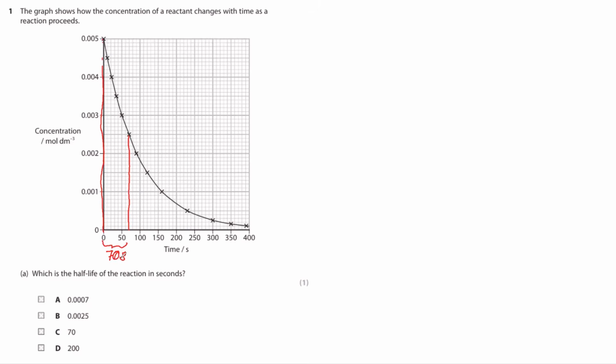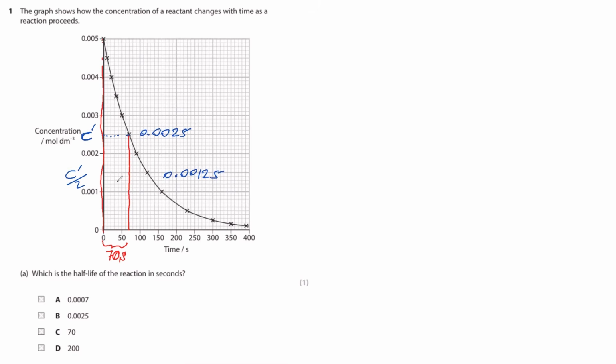Then we have to find the second half-life. What is the second half-life? Where you stopped finding the first half-life, take that concentration. I'll call it C dash. Check the time it takes to become half of its value. Half of 0.0025 is 0.00125, because C dash over 2.